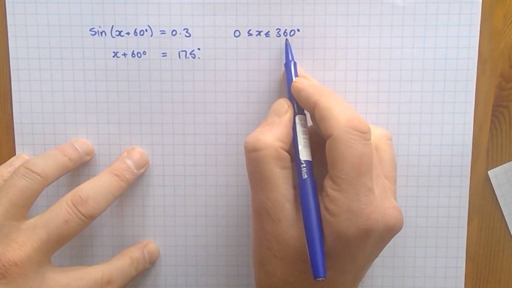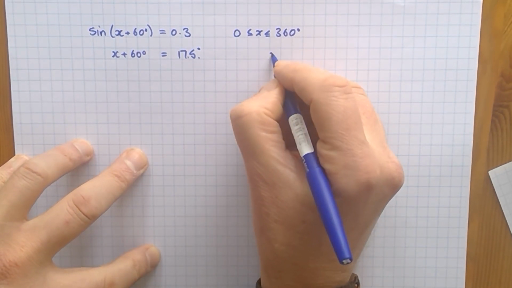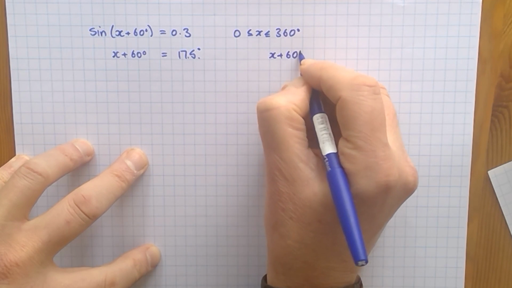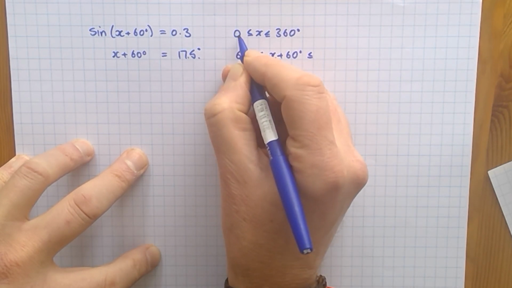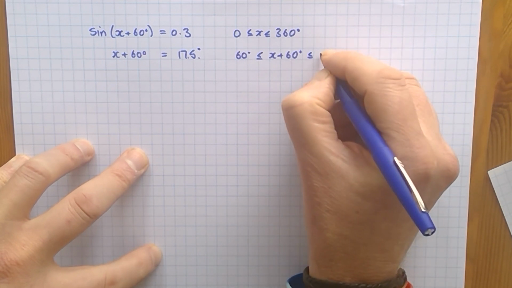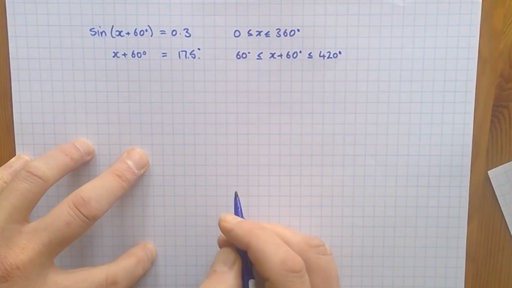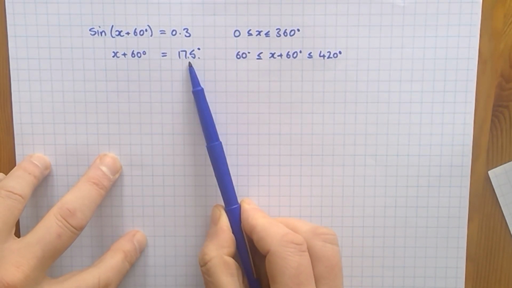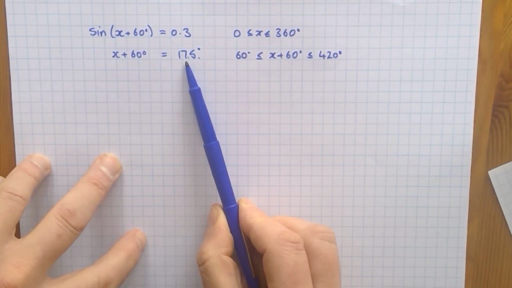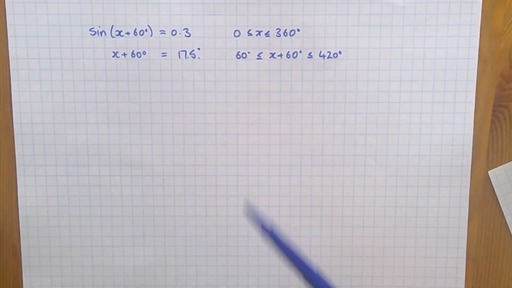If x is between 0 and 360, then x plus 60 is between 60, just adding 60 onto that, and let's add 60 onto that. So that's going to be 420. So I'm looking for other values other than 17.5 for sine that's in between that range.